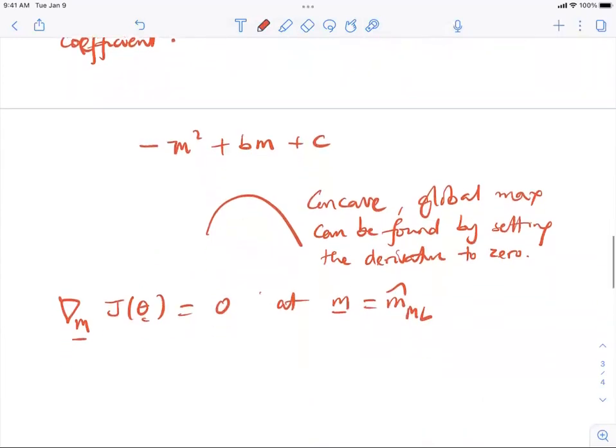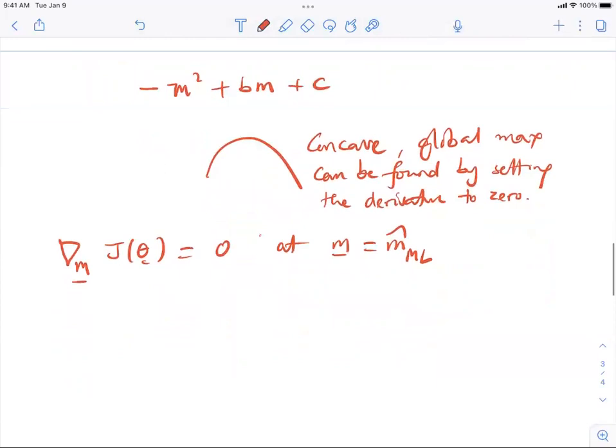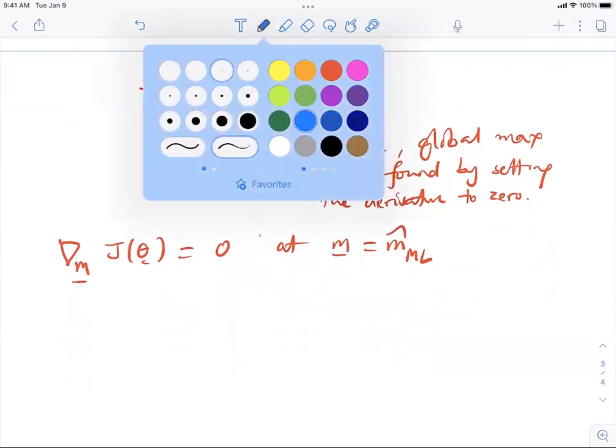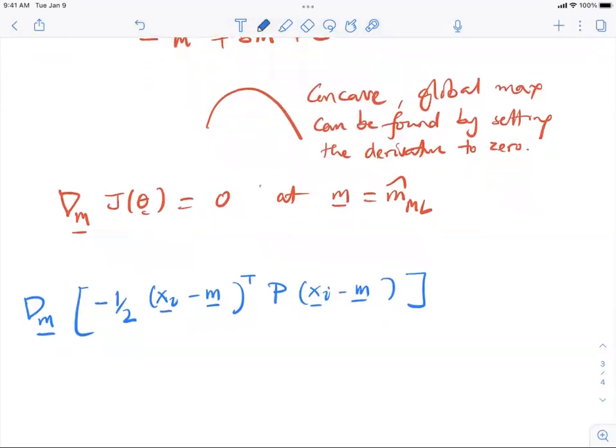That's basically the idea. So let's just take one of these terms that we have and take the gradient for that. So a typical term is, let me change pen colors again, minus half x_i minus m transpose P x_i minus m. I take the gradient of this term. Well, I have the minus half factoring out.